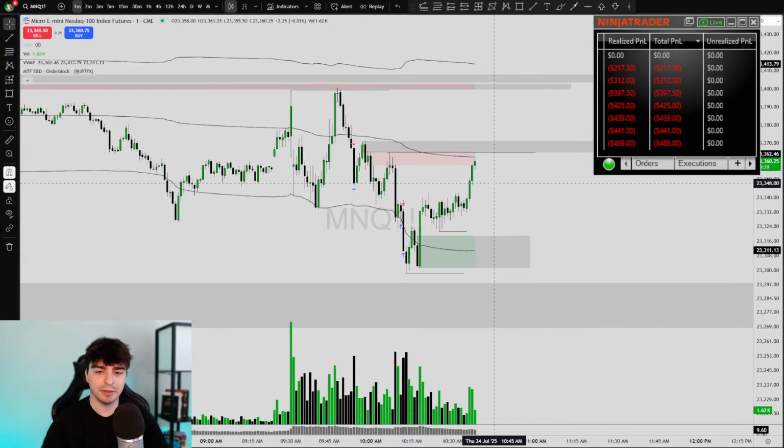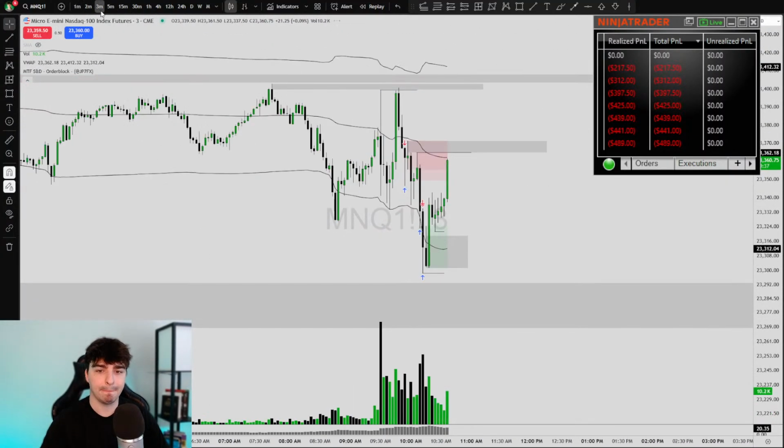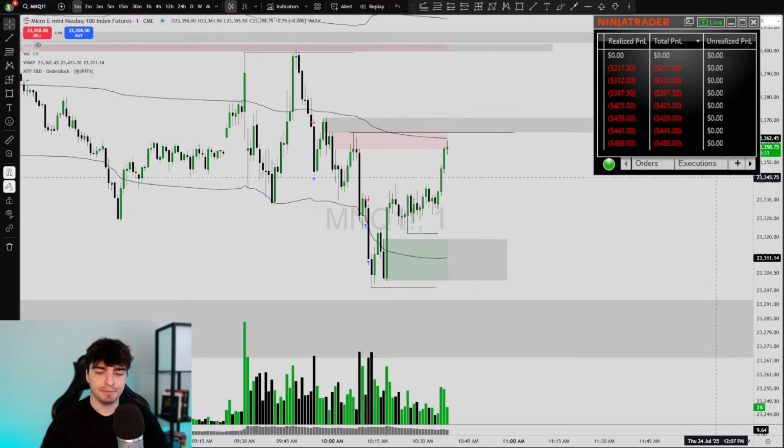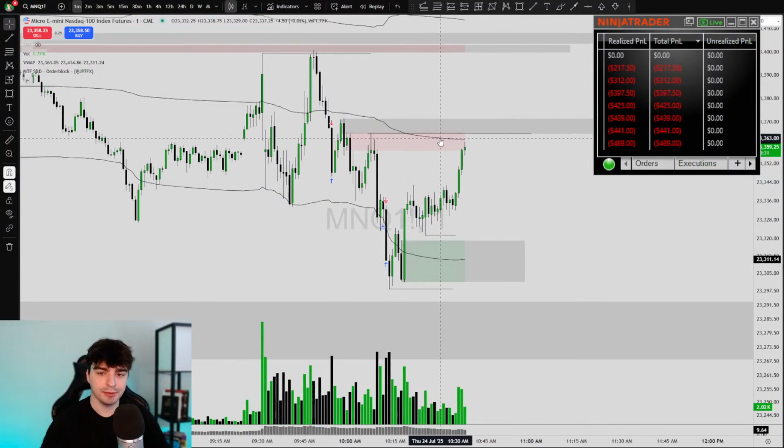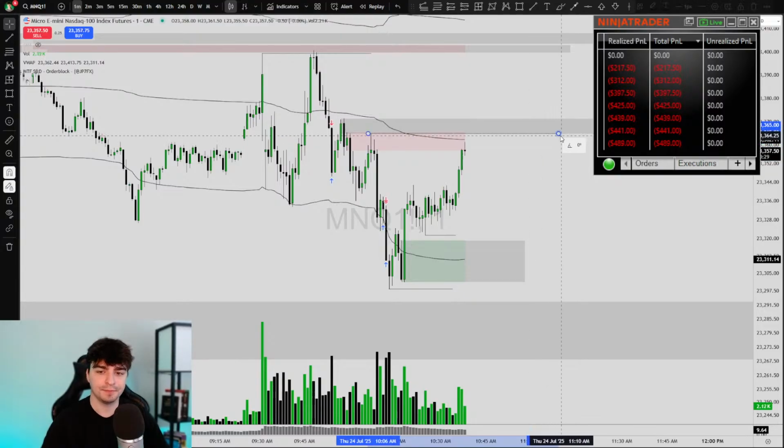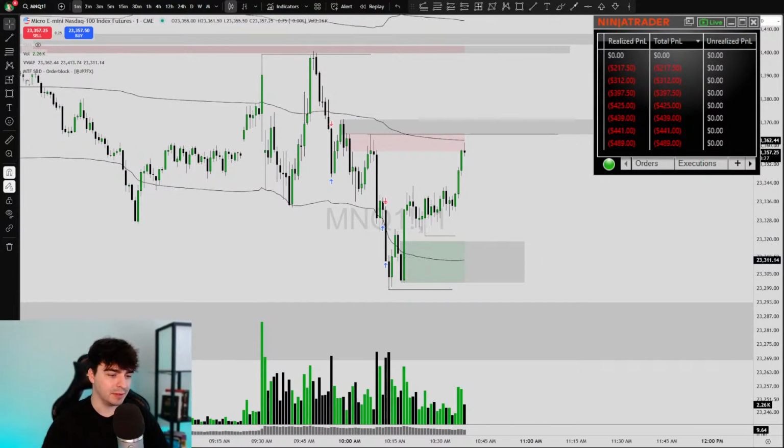It definitely catches some areas that I would miss. Alright, may look to get short up here. Even as much as I hate getting short, the shorts have been working way more often.